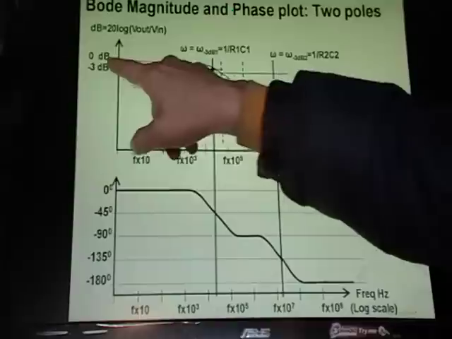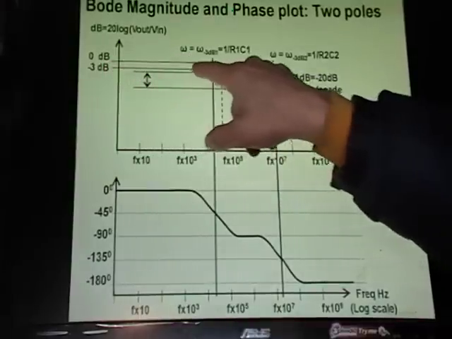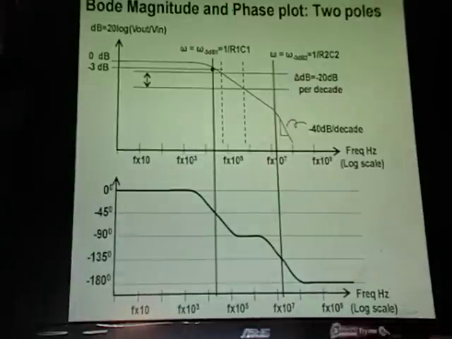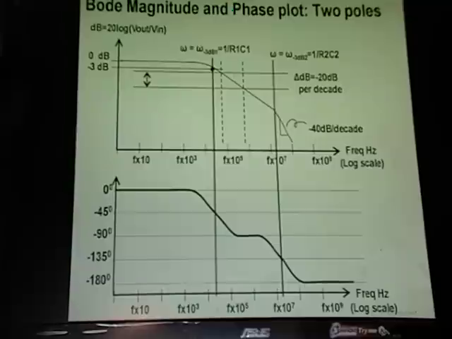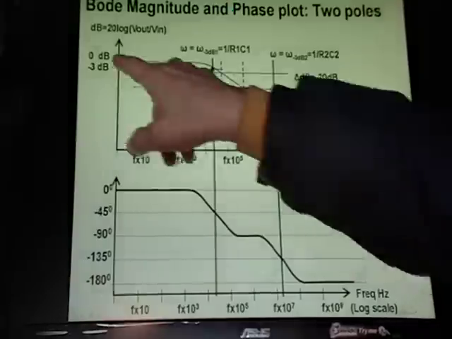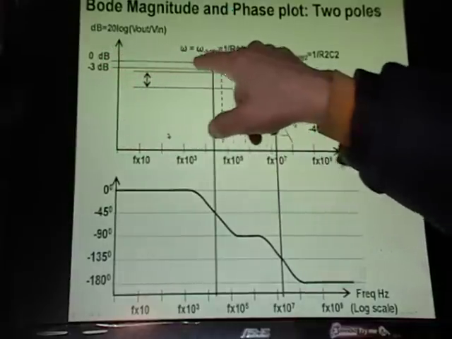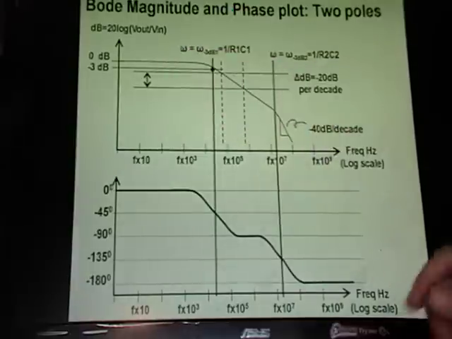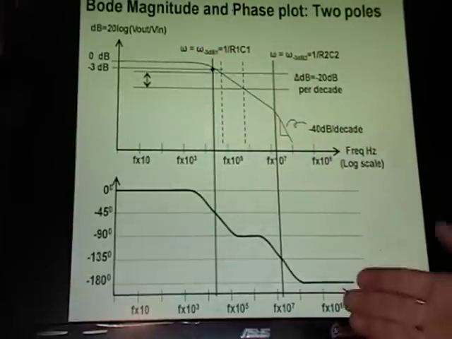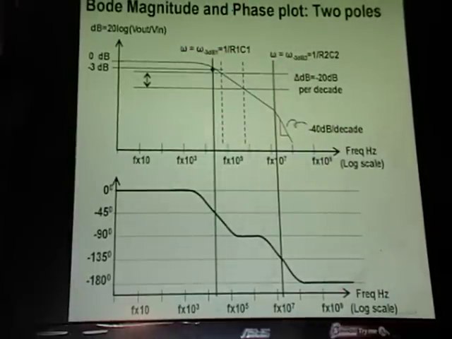Okay, in this case right here, I have this starting at 0 dB. That's because filters give you the same output as input. So if you have an input of 2 volts peak to peak, your output will be 2 volts peak to peak if it's letting the signal through. And then if you put V out over V in, you get 1. So for filters, your top line is 0 dB. But for amplifiers, if you put V out over V in, now you get the gain.